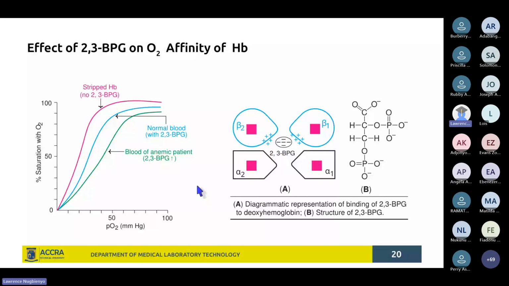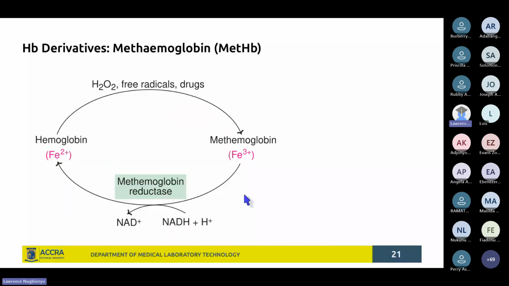Now we can end with two major derivatives of hemoglobin that are referred to in some health conditions, what we refer to as methemoglobin. That is the oxidation of the ferrous ion, Fe2+ being converted to Fe3+.